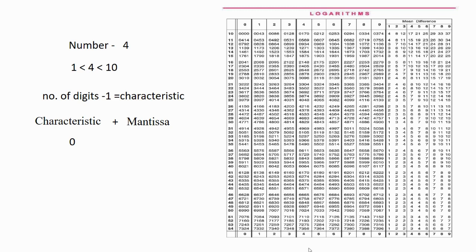So we consider 40 instead of 4, because there is no 4 in the given first column. We take the number 40 and observe it under the very first column, that is the 0 column.